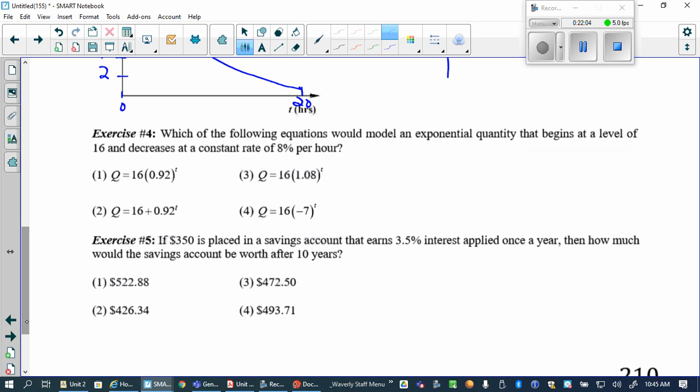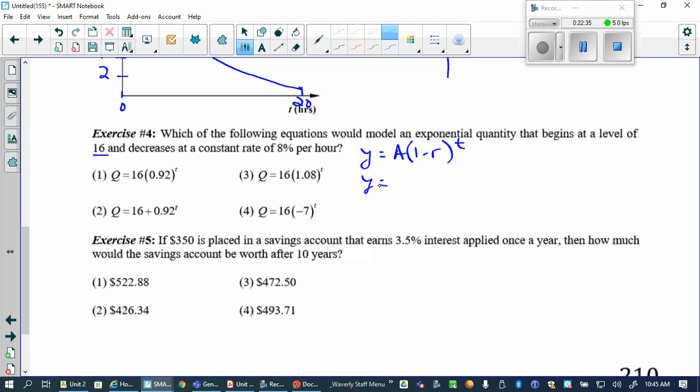What about exercise 4? Which one of these would model an exponential quantity that begins with a starting amount of 16 and decreases at 8% per hour? What do you think? It'd be y equals some a times 1 minus r to the t. Let's just write it.